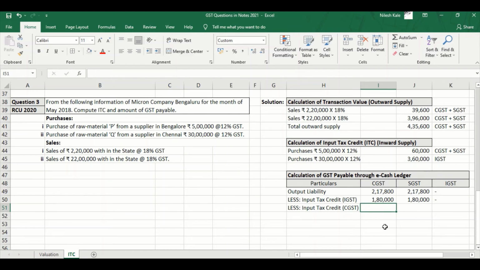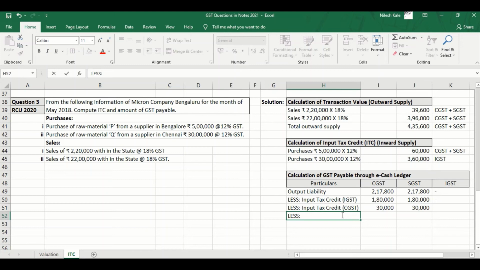See, 30,000, it can be done orally. 60,000 divided by 2 is 30,000, right? Here also is the same. Next, less input tax credit of what? SGST.